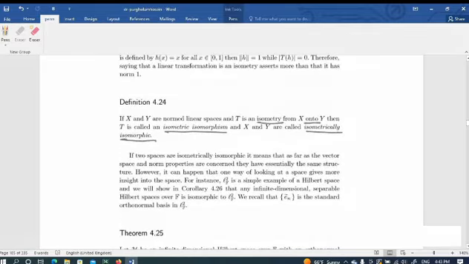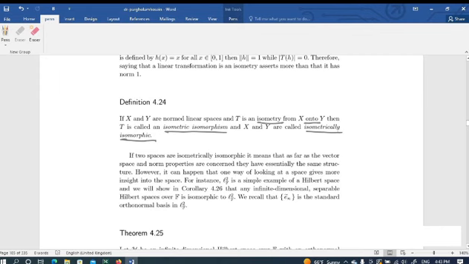Definition: if X and Y are normed spaces and T is an isometry from X onto Y, then T is called an isometric isomorphism. Here T is invertible because it is an isometry, hence injective, and it is onto, or surjective.